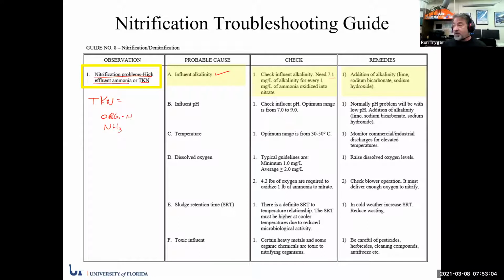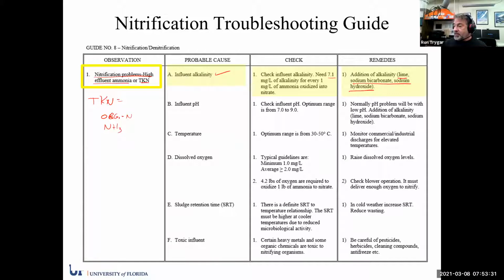If we don't have enough alkalinity, we're going to add some alkalinity in the form of lime, sodium bicarbonate, or sodium hydroxide. Remember, we said sodium bicarbonate is baking soda, sodium carbonate is called soda ash, and sodium hydroxide is known as caustic soda. All those contain hydroxides or forms of chemicals that will raise the alkalinity for us.